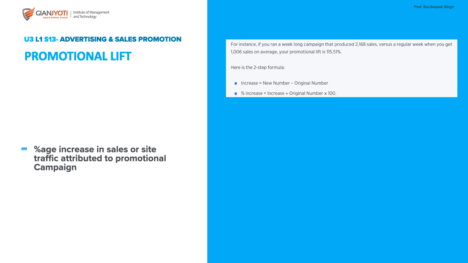So 2168 minus 1006 divided by 1006 into 100 is your promotional lift, which is around 115%. So if you want to know the increase, it is new number minus original number, and percentage increase is increase divided by original number into 100, as we did.